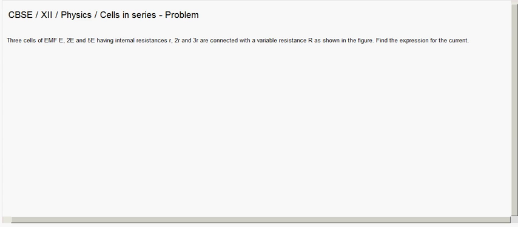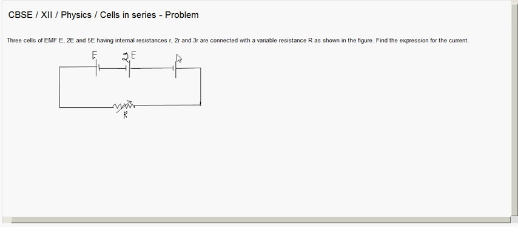Let me draw the figure. E, 2E, 5E, connected with a variable resistor R. The value of this EMF is E, this is 2E, this is 5E.